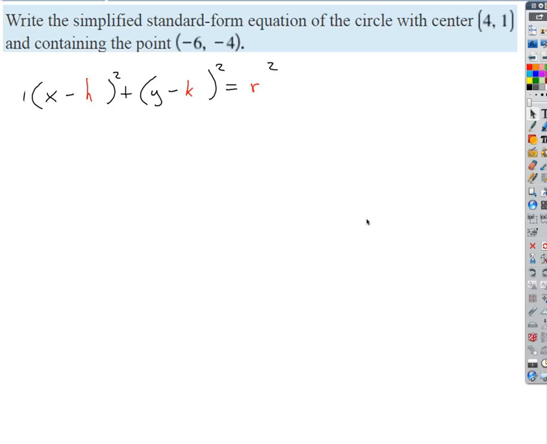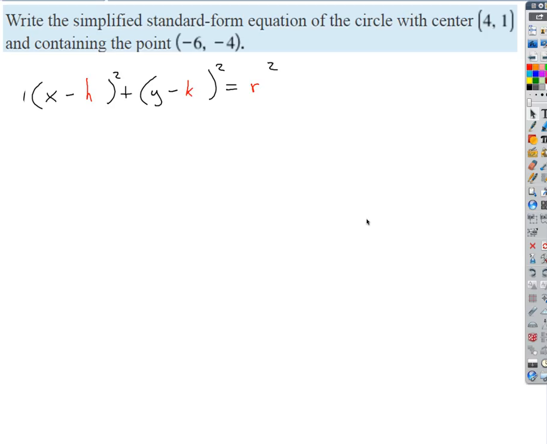Are there parts we can plug in right now? Okay, well, you're right, we could do x and y. Our goal is to be able to just plug in numbers for the red parameters. If they had given me what the radius was, I'd be done. So how far could we get towards the answer right now? What are the first things we might want to plug in? 4 and 1, because those are values of h and k.